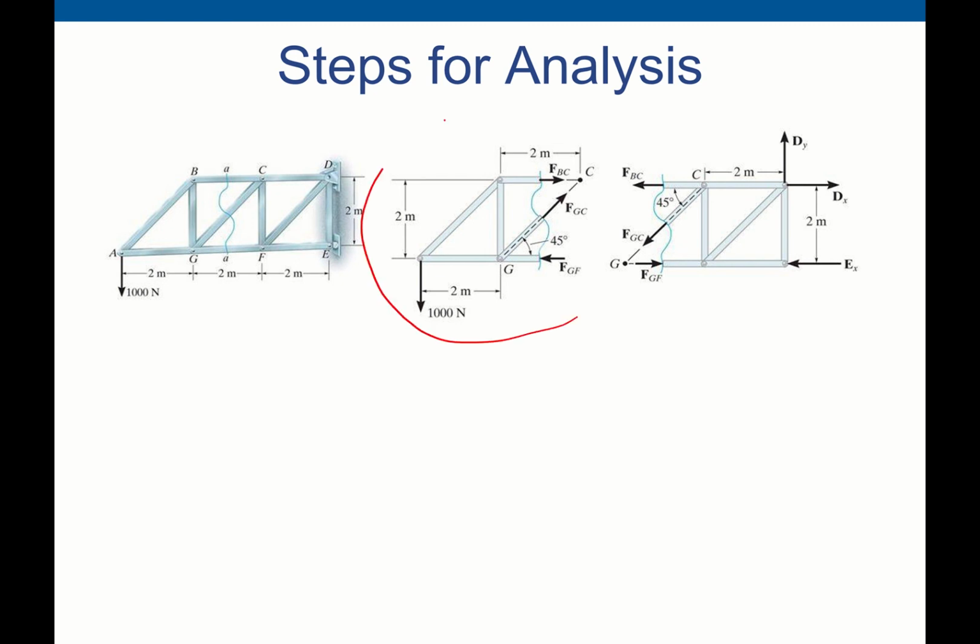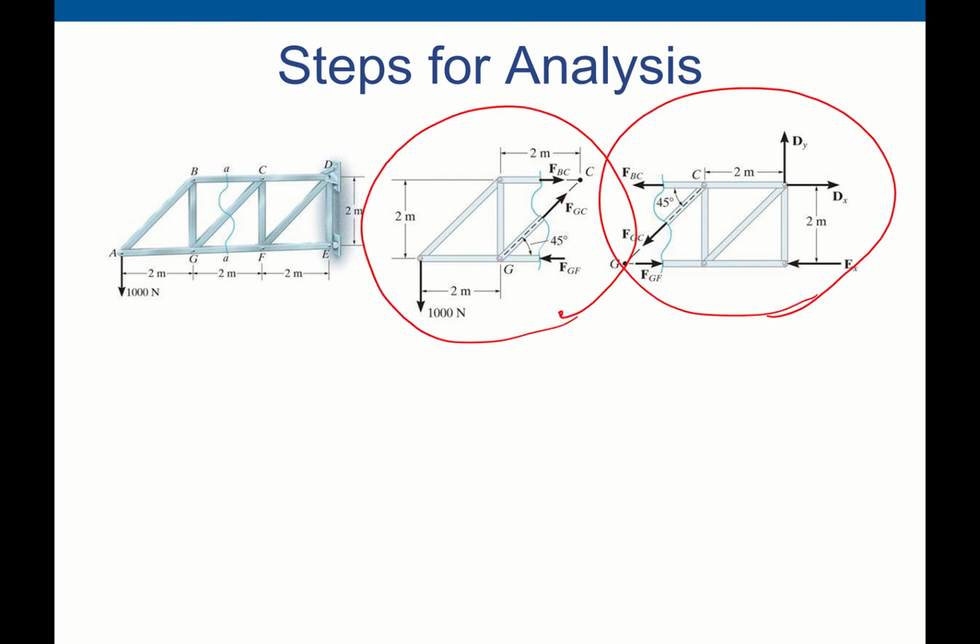You can choose this side or this side. It's up to you, okay? You can decide which side to use to solve the problem. If I were you, I would choose the side that has fewer unknown forces.